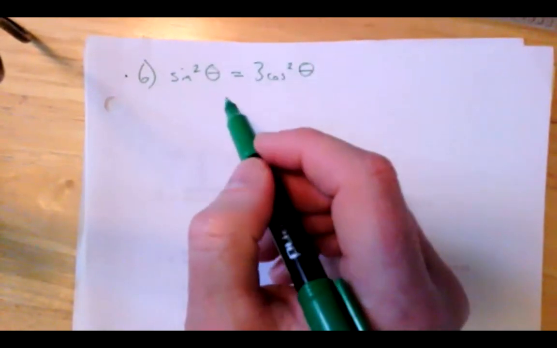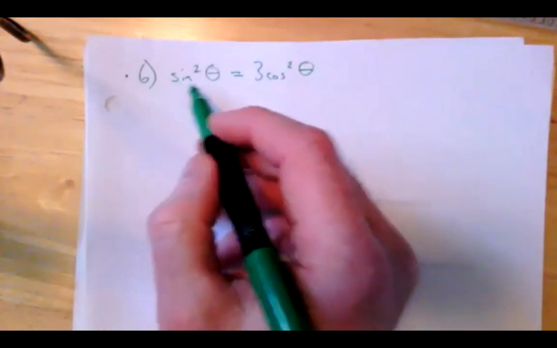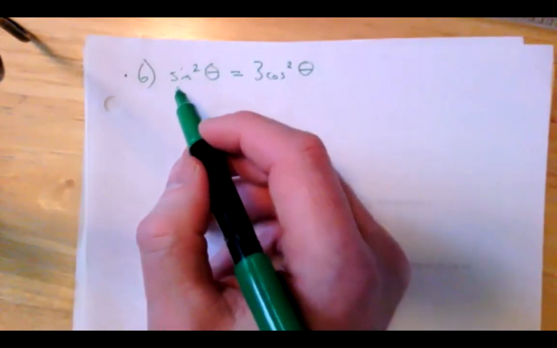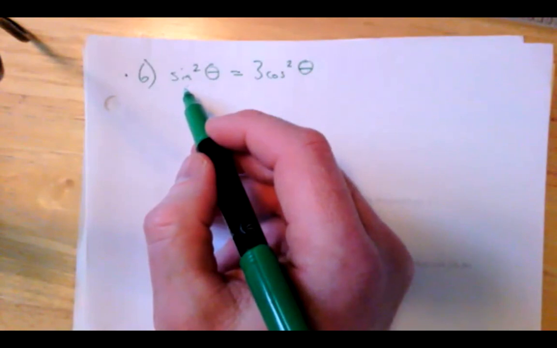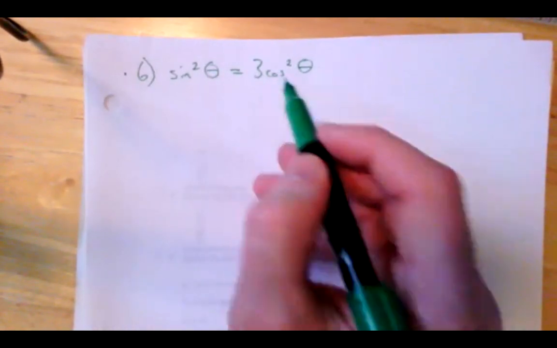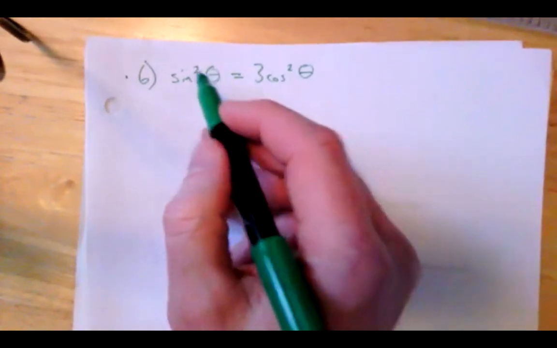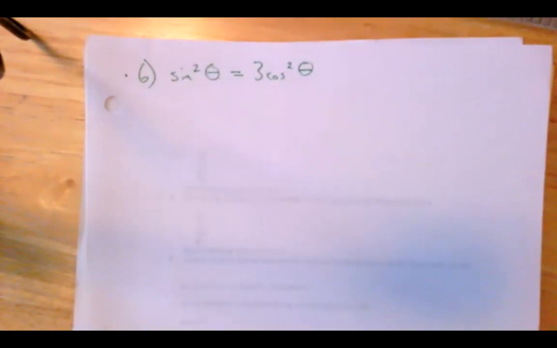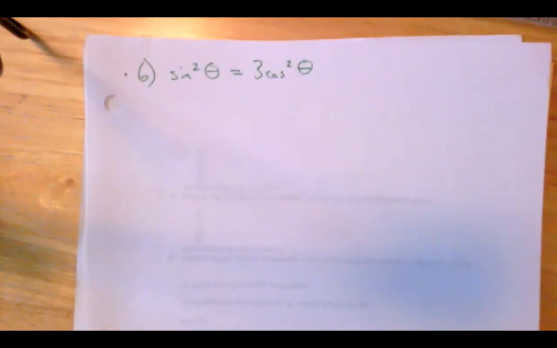What I would have done is substitute sine squared of theta is 1 minus cos squared of theta, because then I would have had everything in cos. Do you remember how that's the first identity? Where's my identity sheet? Oh, there it is.